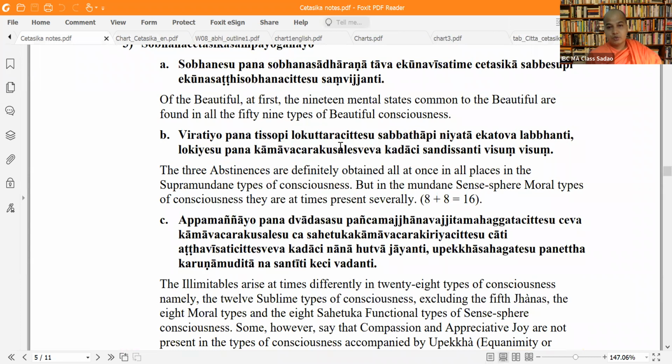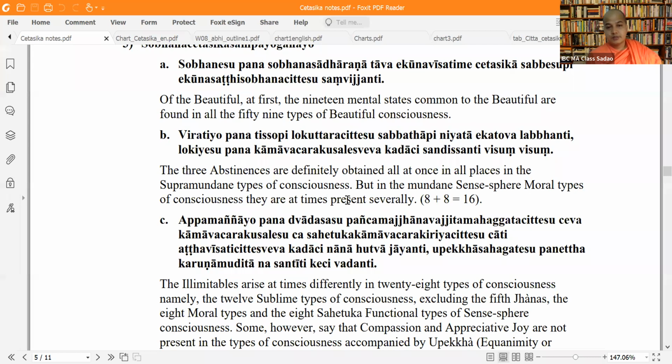Viratiyo pana tissopi lokuttara cittesu sabbatha pi niyata ekatova labbhanti lokiyesu pana kamavacara kusalesveva kadaci sandissanti visum visum. The 3 abstinences are definitely obtained all at once in all places in the supramundane types of consciousness, but in the mundane sense sphere moral types of consciousness, they are at times present severally.